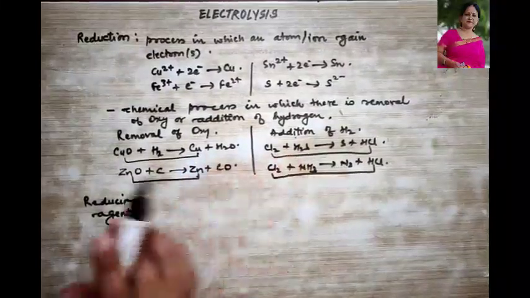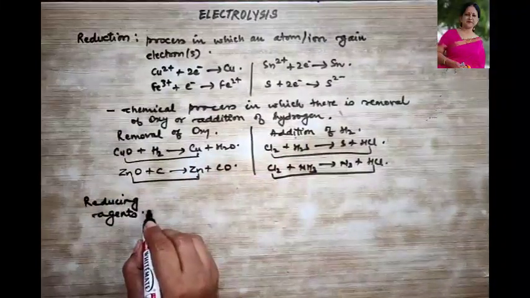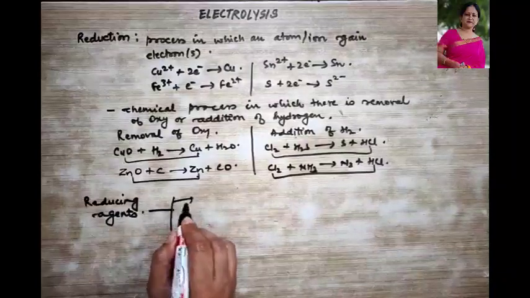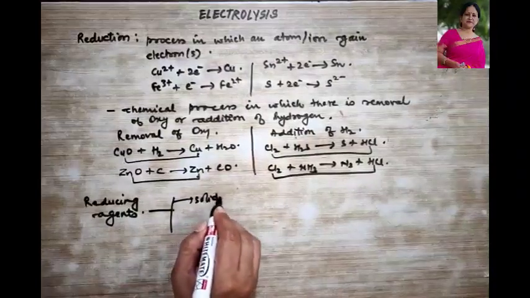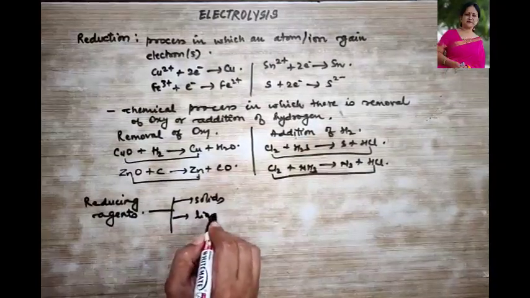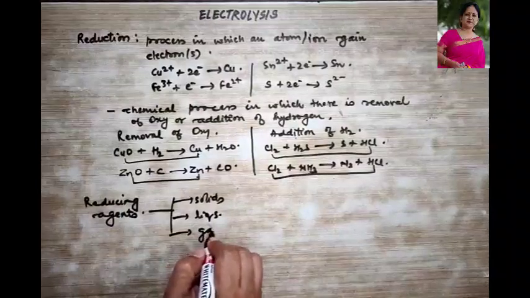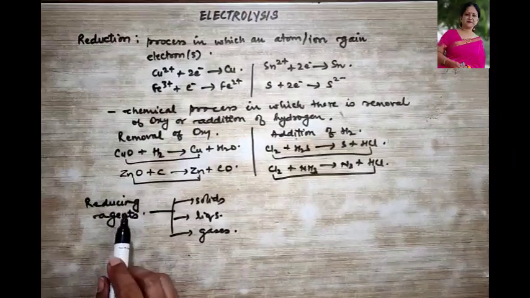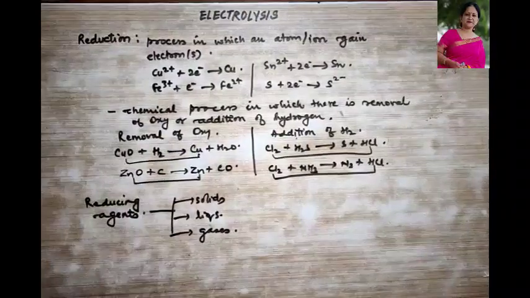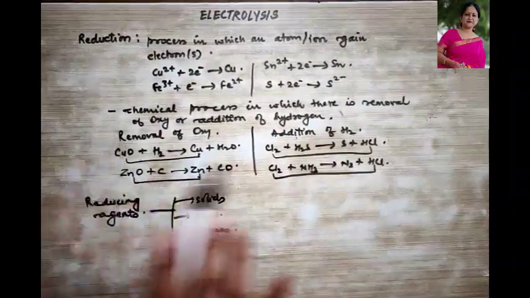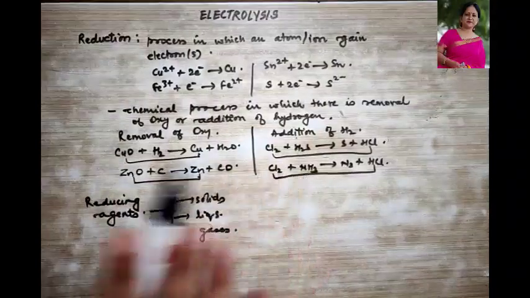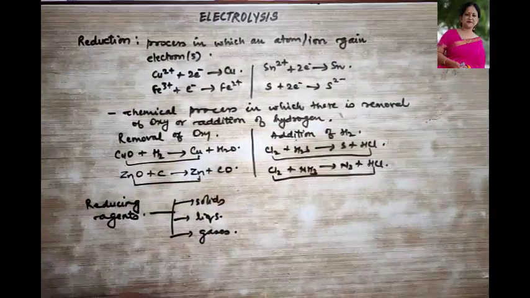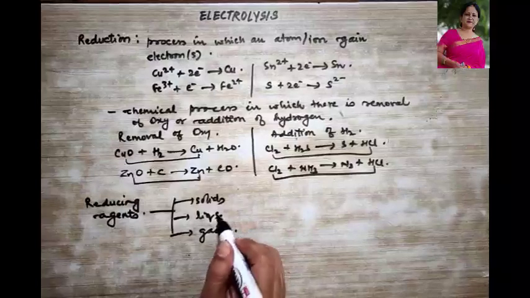Is this point clear? Again, these reducing agents are of three types. They could be solids, liquids, or gases. Fine. So reducing agents are all those substances which bring about reduction, but they themselves do not get reduced. So the substances which are getting oxidized are good reducing agents.